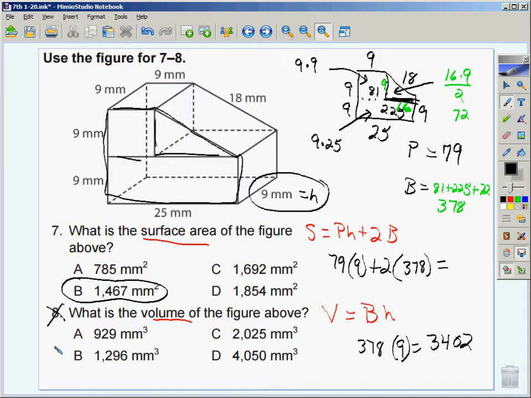Listen, here's the important thing to notice. It doesn't mess up how you should approach the problem. 3,402 is not any of these, is it? I think it's a little bit closer to D than it is all the others.